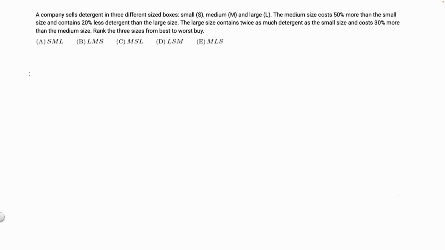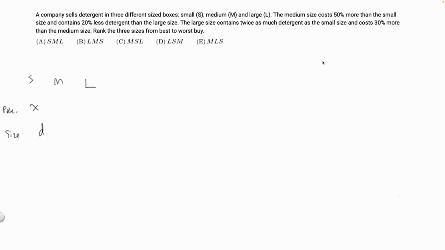So from the given we have 3 sizes: small, medium, and large. From these sizes we can let the price of S be X since it's not given. Price is going to be X, and then the size of the box can be D, how much detergent is in each size.